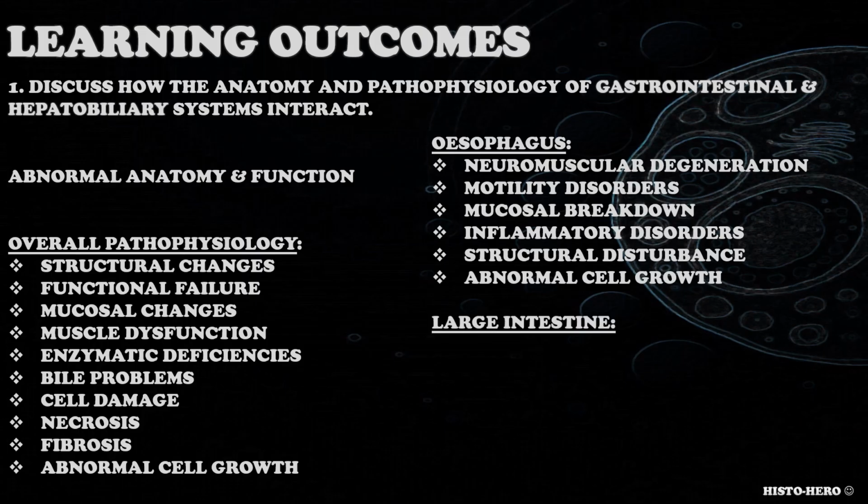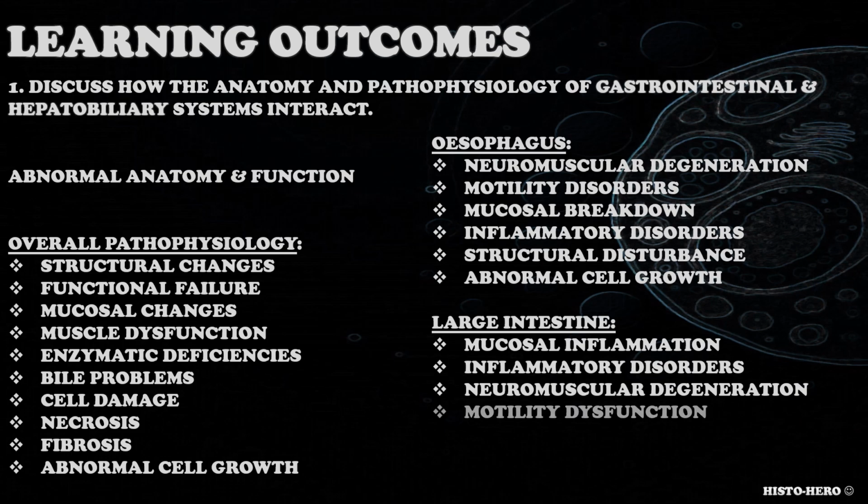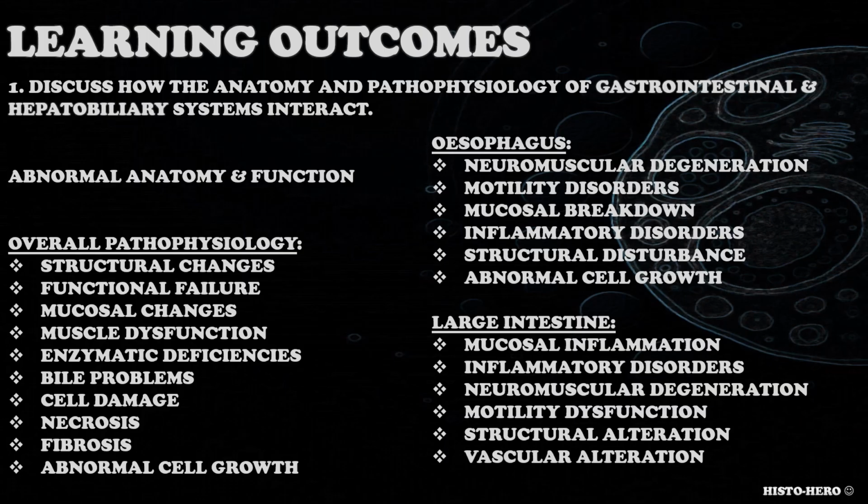Large intestine and mucosal inflammation leading to inflammatory disorders like ulcerative colitis or Crohn's disease, neuromuscular degeneration leading to motility dysfunction like IBS or Hirschsprung disease, structural and mechanical alterations leading to diverticular disease, obstructions, and volvulus, vascular alterations leading to colitis, abnormal cell growth leading to cancer like colorectal adenocarcinoma.